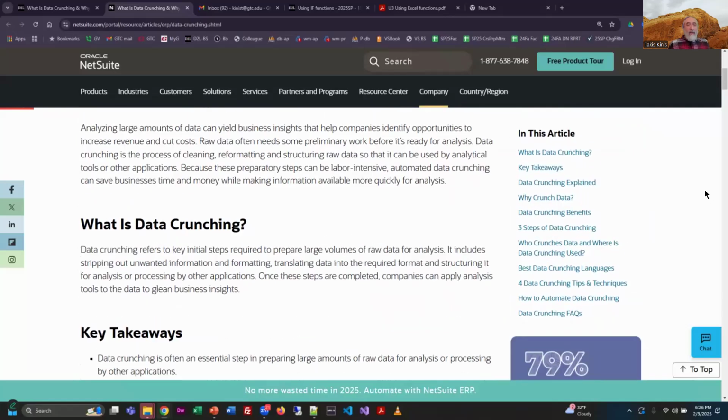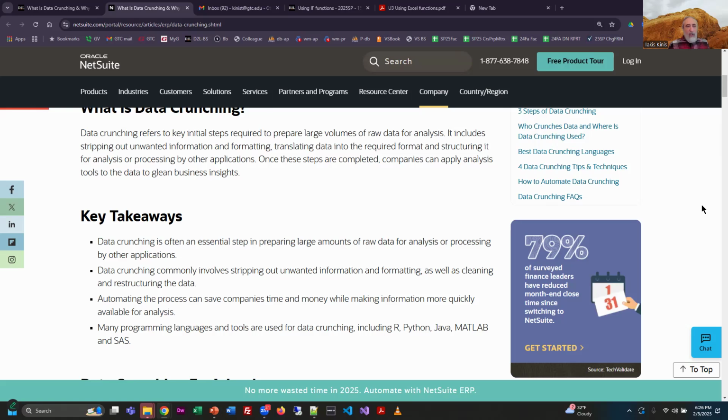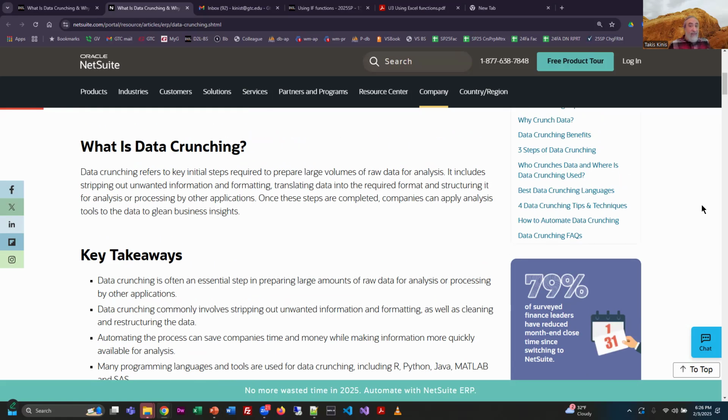But what they're kind of starting to point out is that we are dealing with these large volumes of information, and they're referring to this thing called data crunching, right, which is we get so much data, but what does that data look like? And then how do we process that data and use it to do stuff, right?